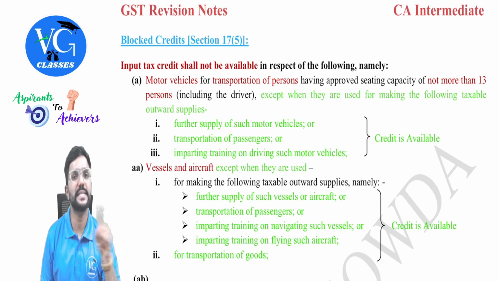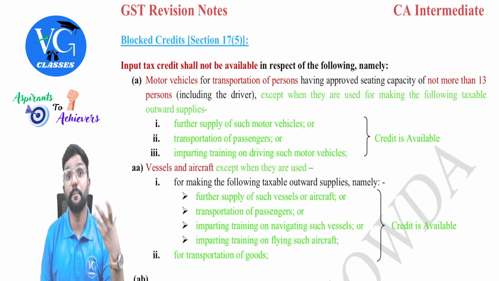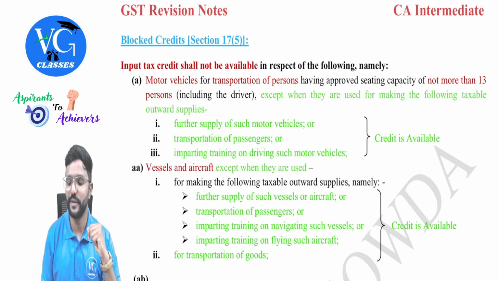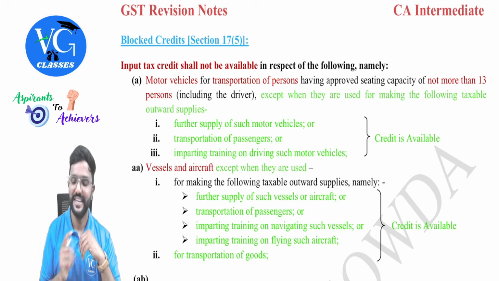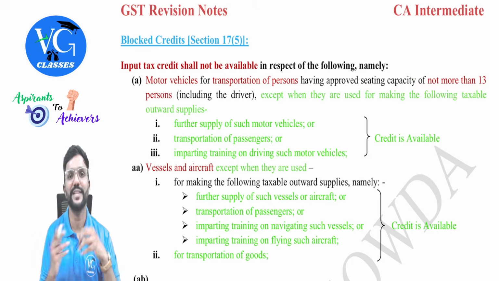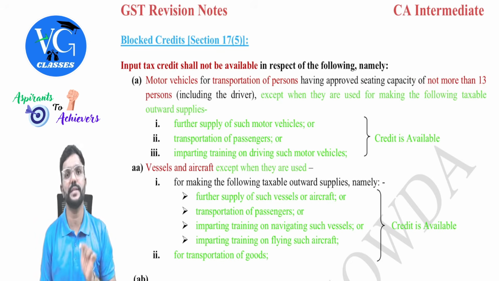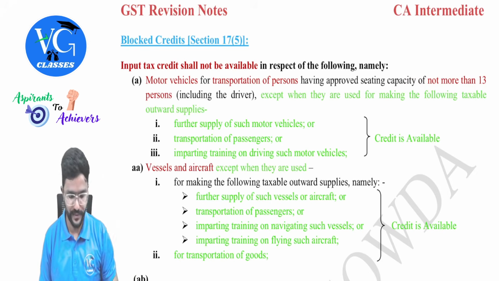No, no, no. In that case, credit is not available. So what if it is a bus which is used for the transportation of employees? Credit will be available because seating capacity will be more than 13. Here credit is blocked only if it is not more than 13. If it is more than 13 and that bus is used for business purpose, even if it is for the transportation of employees, credit is available, guys. Got it? Yes.